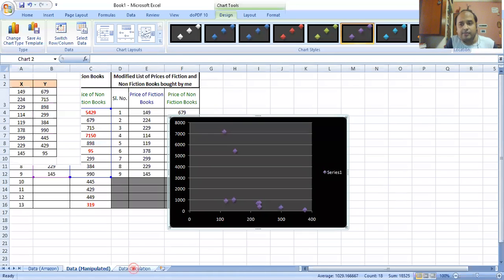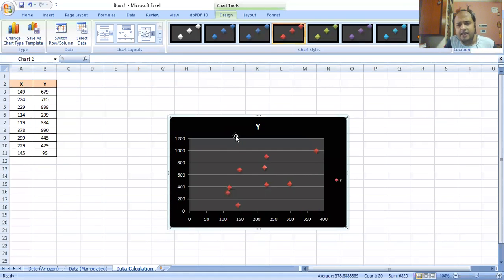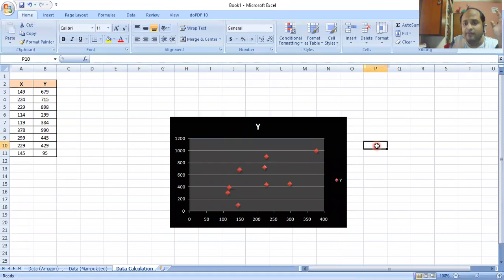Now you can ask me, sir, too much about scatter diagrams, so what next? We have understood what a scatter diagram is, and we can draw it by ourselves. So what can we do right now?